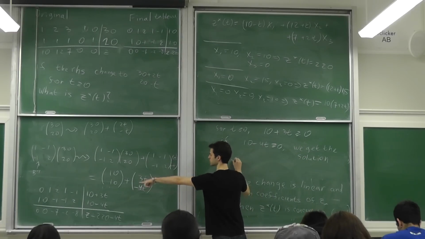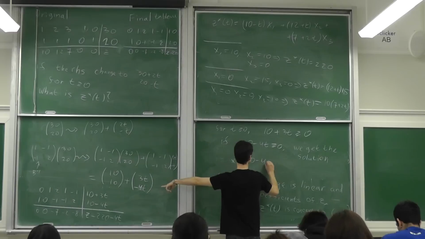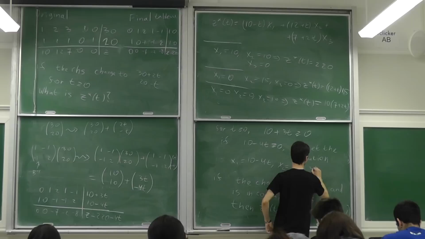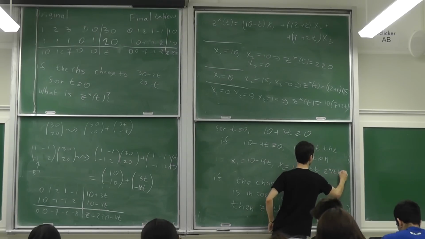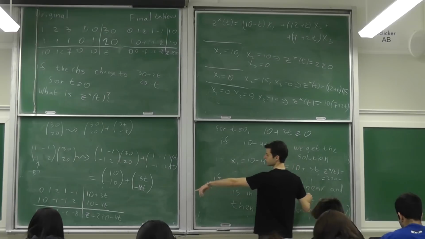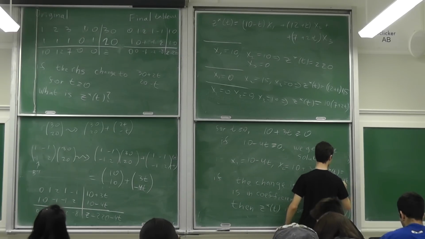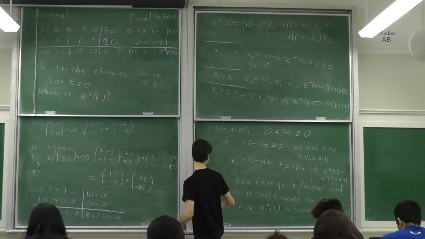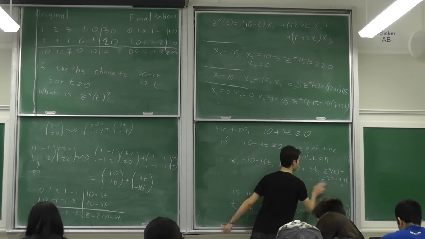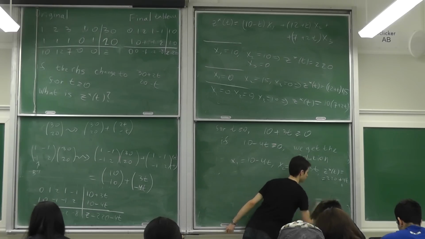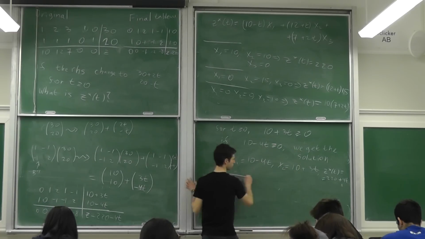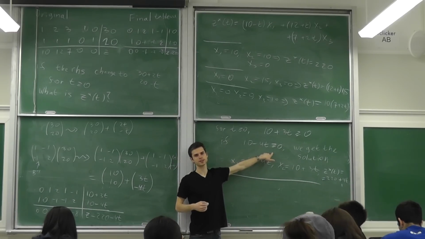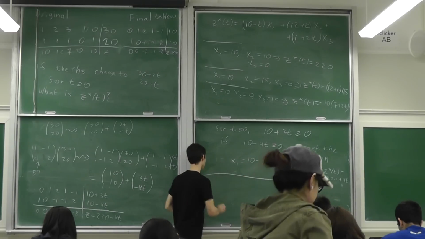And the solution is x1 is 10 minus 4t, x2 is 10 plus 3t, and my function is 220 minus 40t. So if t is at most 5 halves, we do get the solution.